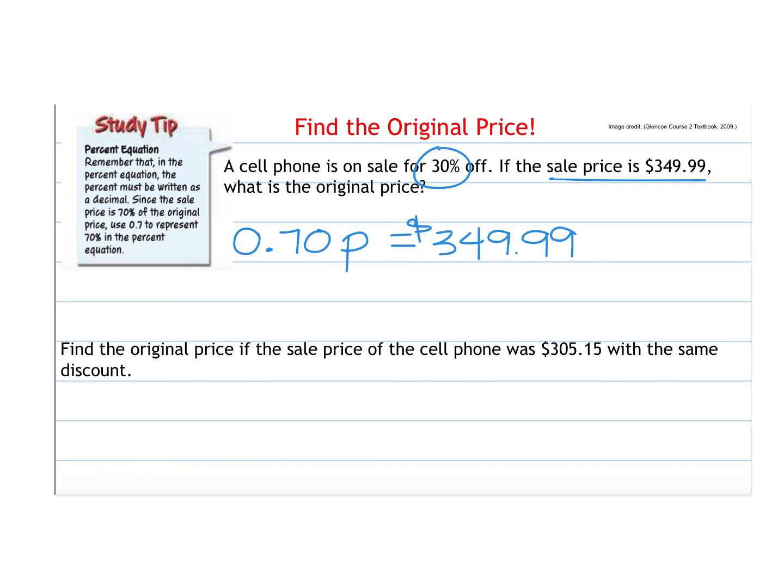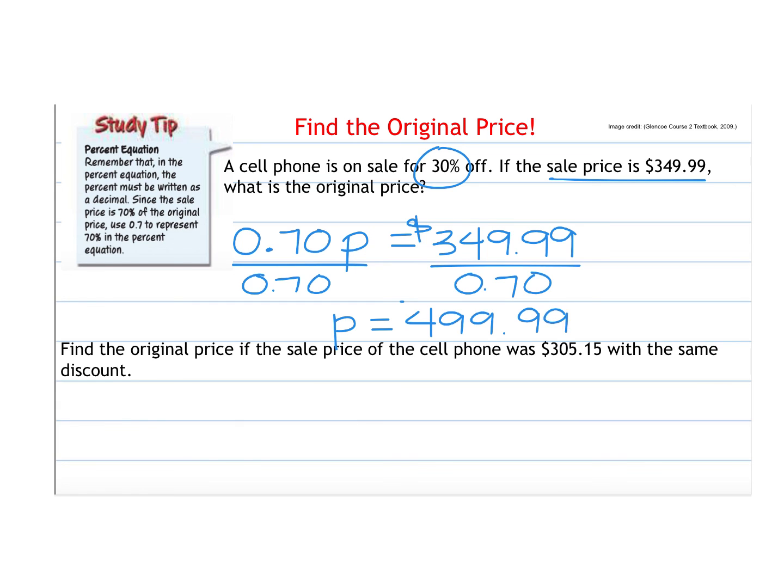So now let's think back to one-step equations, and I know that if I divide both sides by 0.70, that will leave me with P. So 349.99 divided by 0.7, and I'm going to round it to the nearest hundredth, so I get $499.99, which makes sense because $499 is greater than $349.99, 30% off.